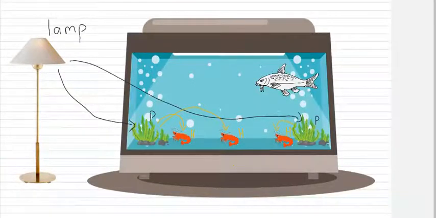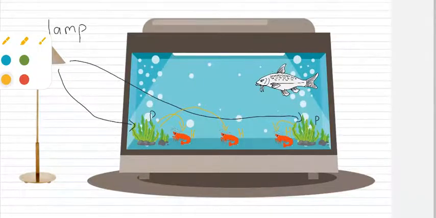So our food web starts with the lamp, and the light is able to help the producers go through photosynthesis. As we go through photosynthesis, our herbivores, the shrimp, are able to take the algae and eat it in our aquarium. And then lastly, we have our fish.